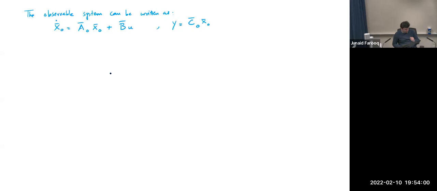The last thing today that we will talk about is a more general form of decomposition that takes care of all the observability and controllability properties, and that's called a Kalman decomposition. It's the most general decomposition of the LTI system.